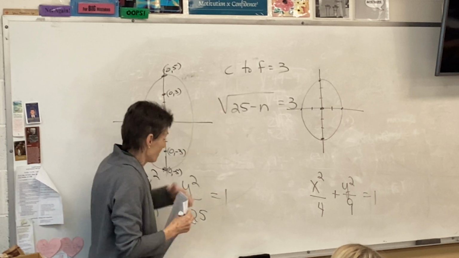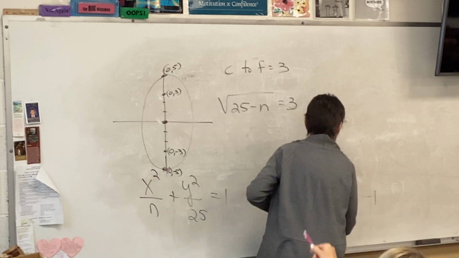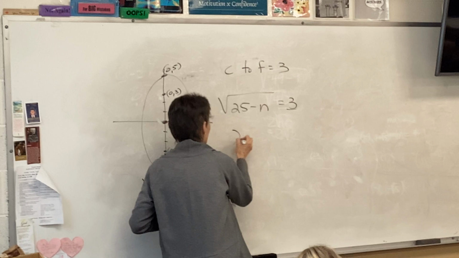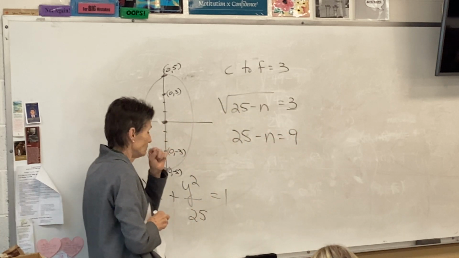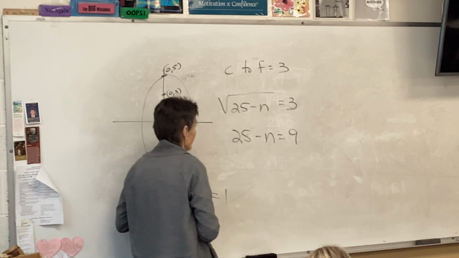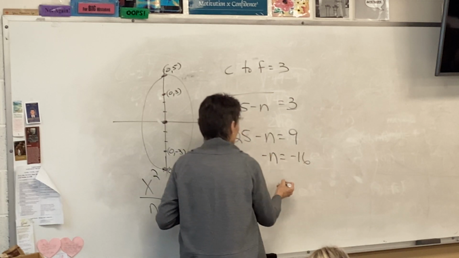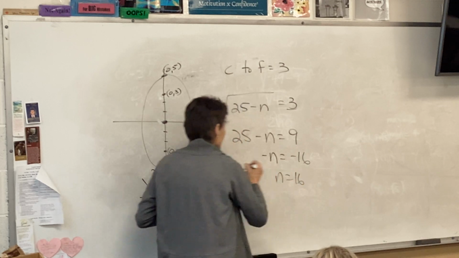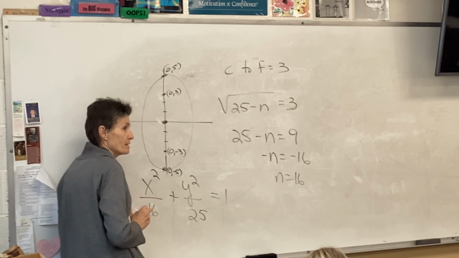How do I solve that? Square both sides. Square both sides, so 25 minus n equals 9. Subtract the 25 and divide. So my denominator is 16.